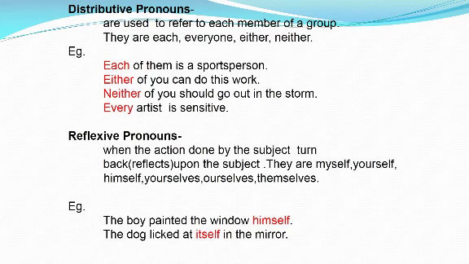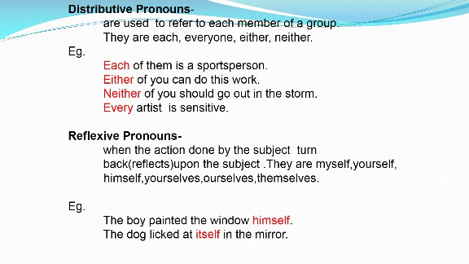Next, reflexive pronoun. Reflexive pronoun means when the action done by the subject turns back upon the subject. For this we use words like myself, yourself, himself, yourselves, ourselves, themselves. Now what is the difference between self and selves?